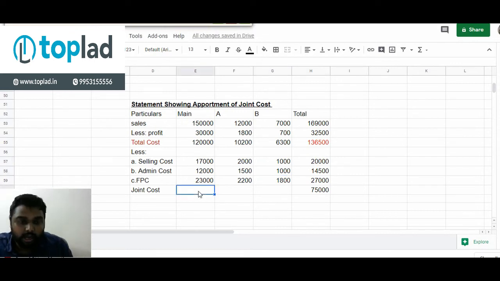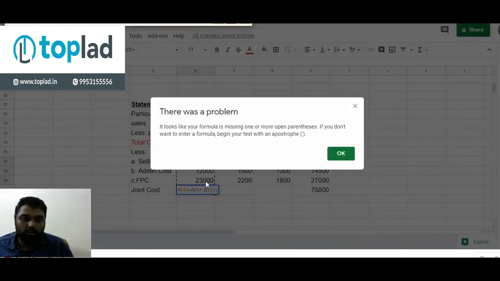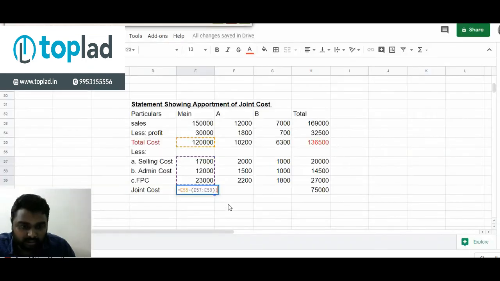Now we can find out the joint cost. What will be the joint cost?